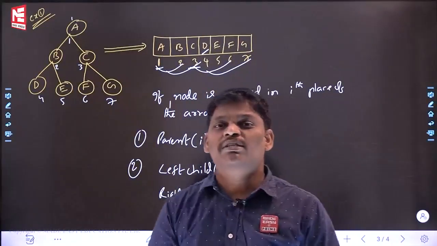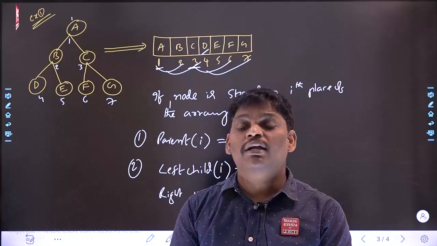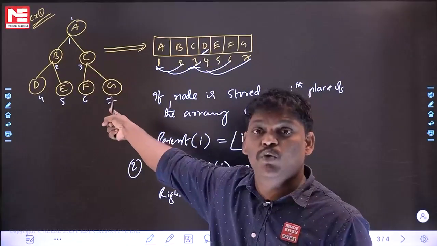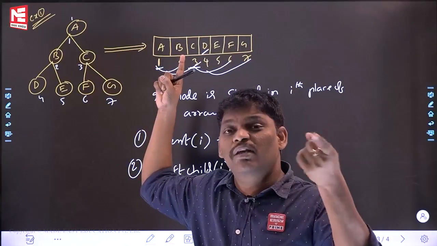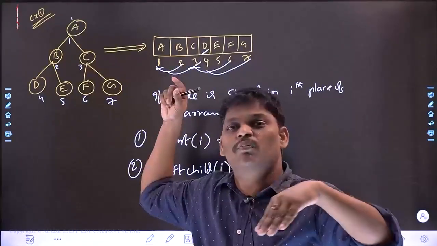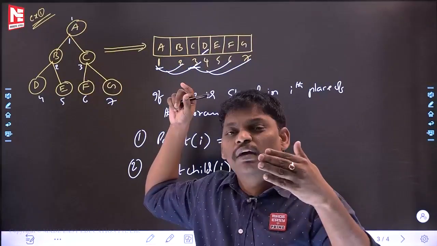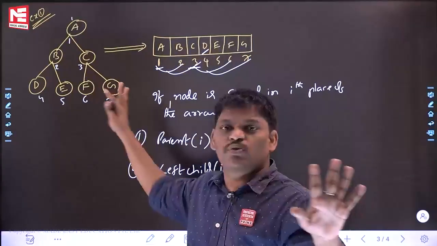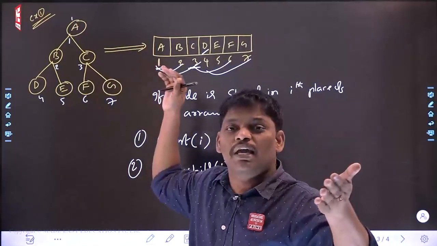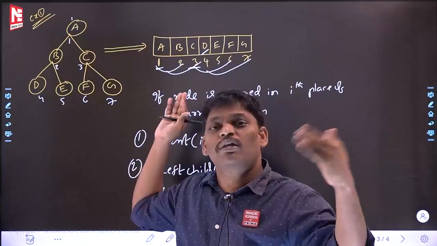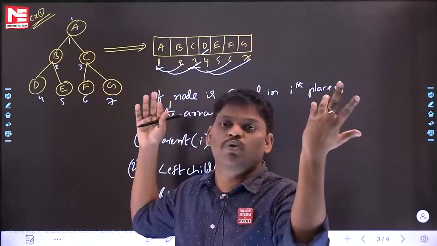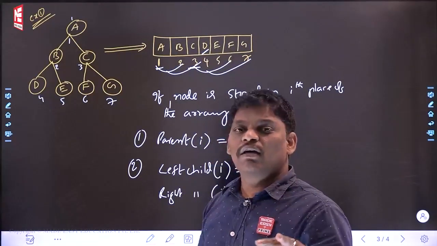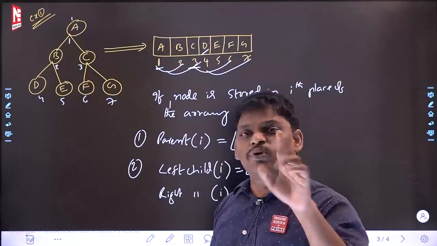This representation is the best idea if the given tree is a complete binary tree, with no gaps, or an almost complete binary tree.